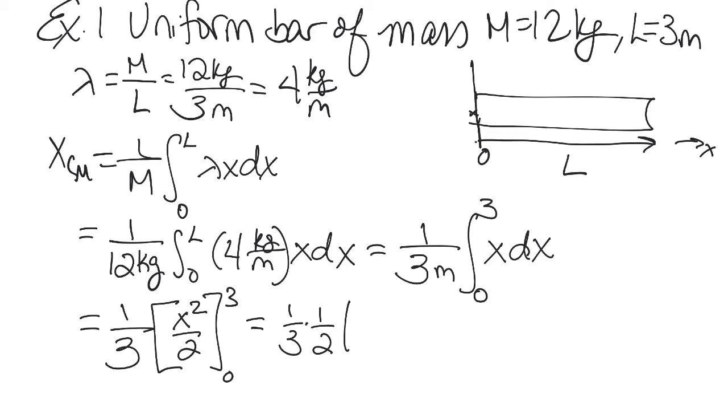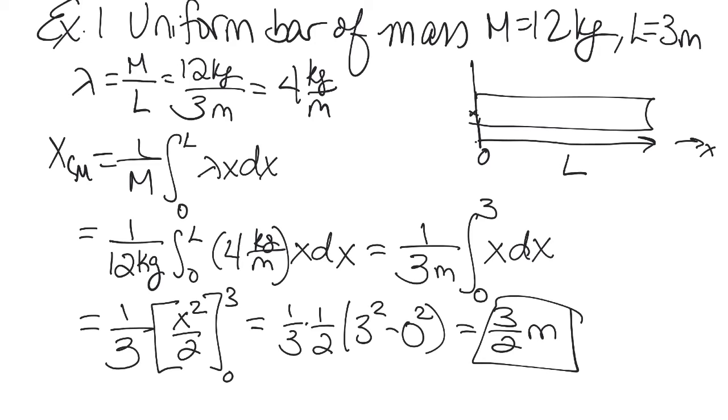And it's going to be 3 squared minus 0 squared. So we get 3/2 of a meter. Oh my goodness. Where's that? Well, if that's 3, well, by golly, for a uniform body, the center of mass is at the geometric center. Okay? So that's really useful. That's for a uniform body.